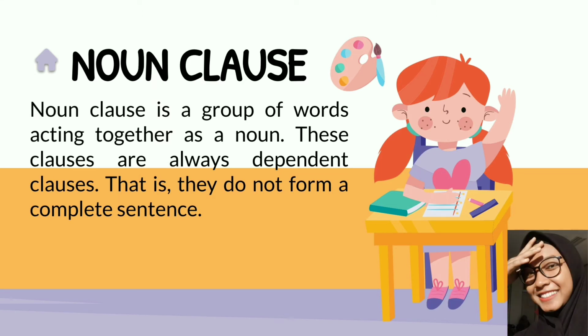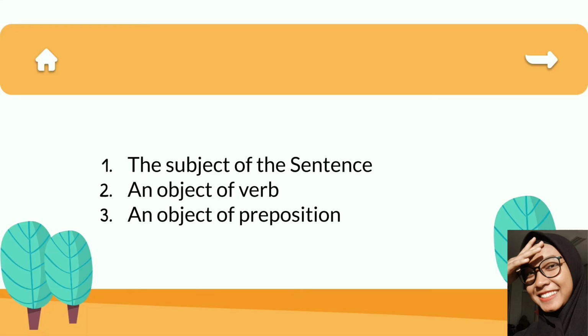The last one is noun clause. A noun clause is a group of words acting together as a noun. These clauses are always dependent clauses. That is, they do not form a complete sentence. A noun clause can be the subject of the sentence, an object of a verb, and an object of a preposition.